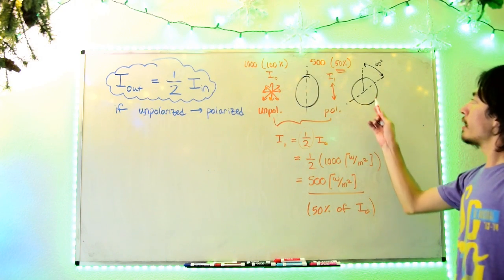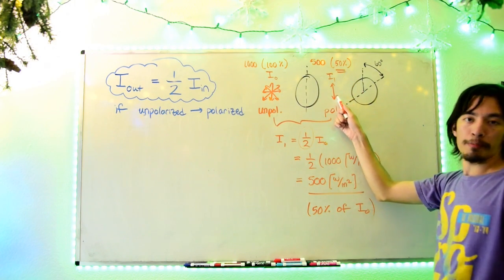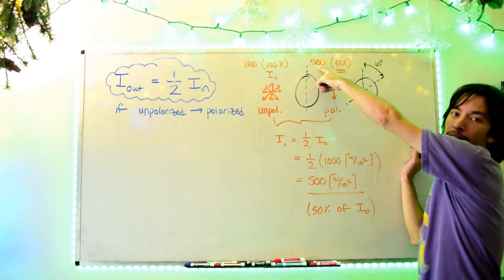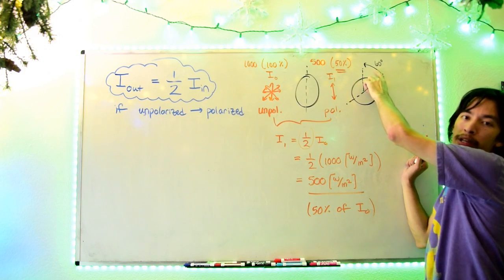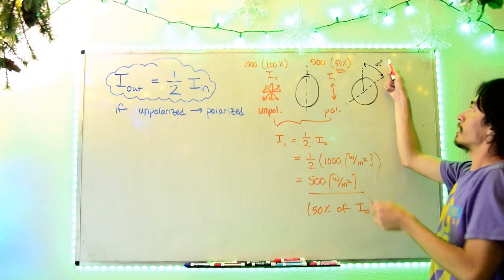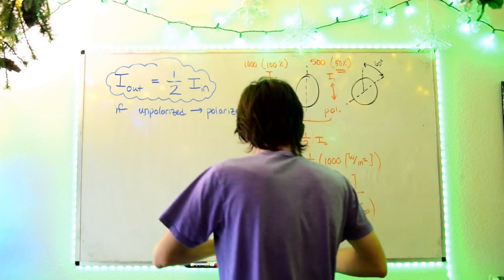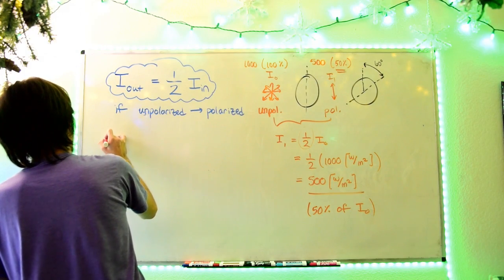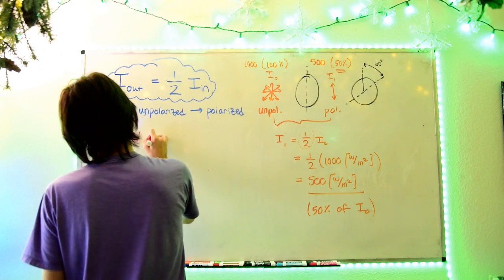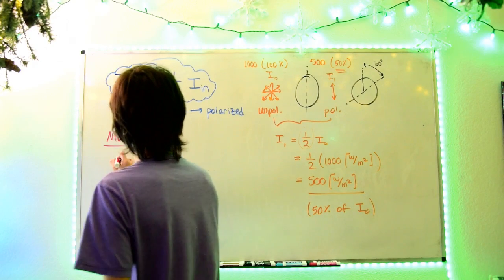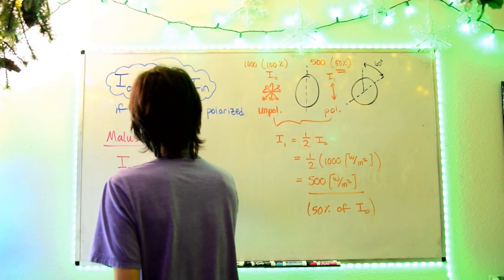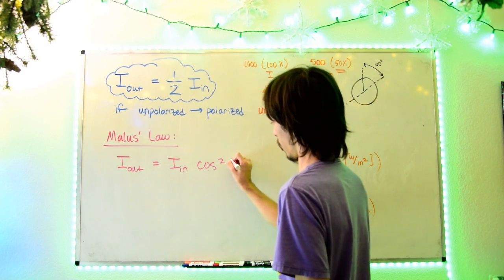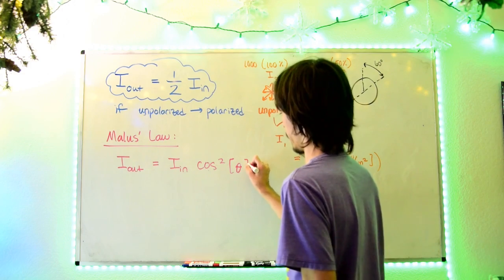Now, as this light passes through the second polarizer, we only have this much left, so we're going to lose some when we go through this polarizer here. Now, it depends on the angle, and that's where we're going to use Malus's law. Malus's law states that the intensity out equals the intensity in times cosine squared of that angle.